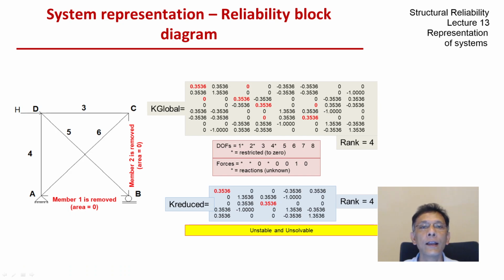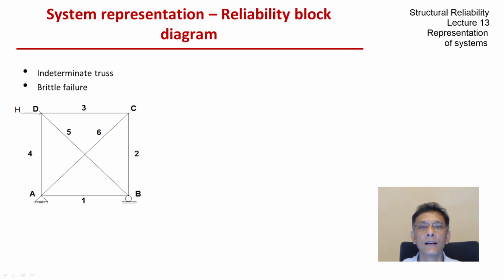So if we do this again and again for various combinations pairwise for lost elements, we will see that any 5 have to work. Any 5 of these 6 elements have to work.